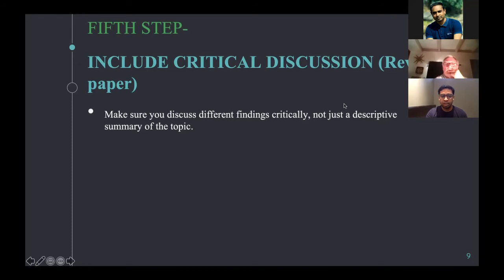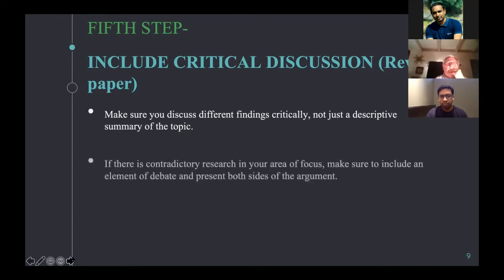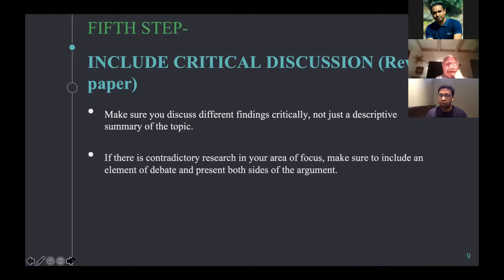After that, it is also important that there will be several contradictory results. For example, you want to write a review paper on some topic, but previously there are negative and positive review papers on that topic. You can include that in your review paper, and you have to find the answer to that argument.